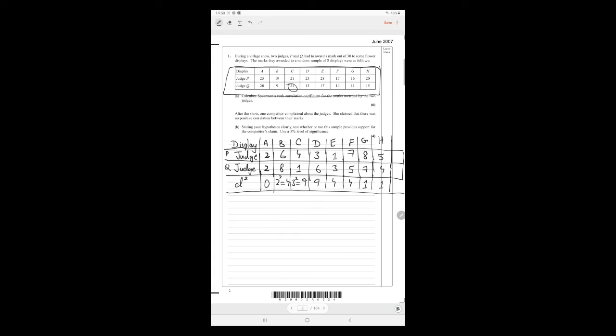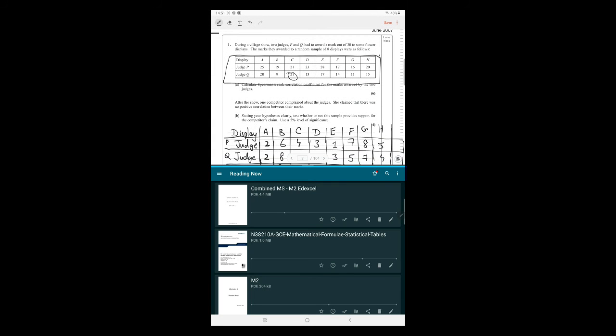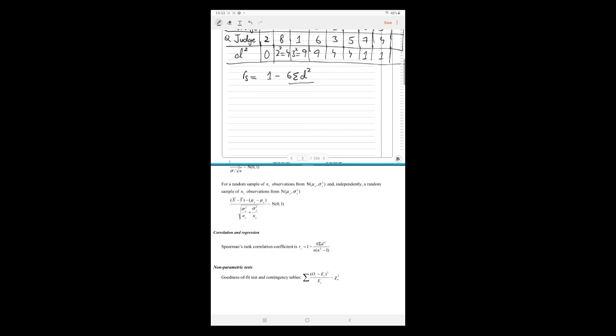And now what you're going to do is sum all the d squared. First of all, you're going to remember the formula that you need in order to solve for the rank correlation coefficient. The formula is something like 1 minus 6 sum of the difference squares, and now I'm not quite sure what it is. Let me check it out. This is the formula: 1 minus 6 sum of d squared over n times n squared minus 1.